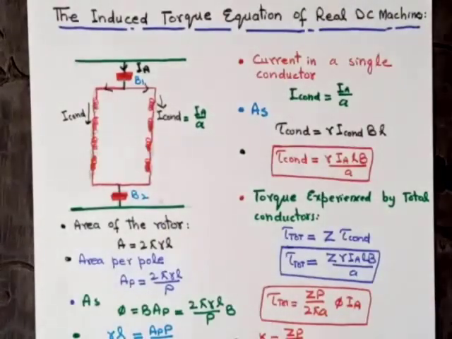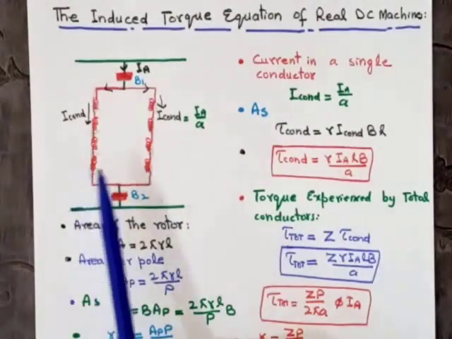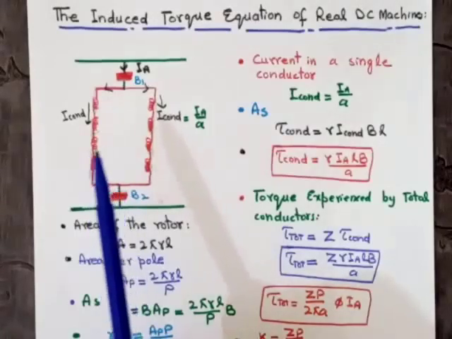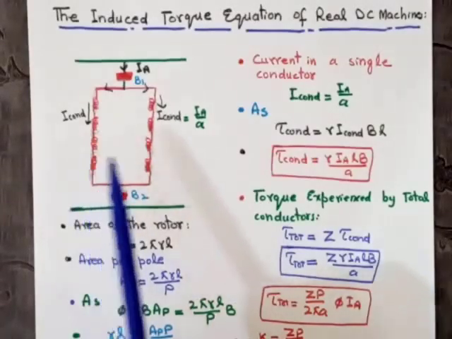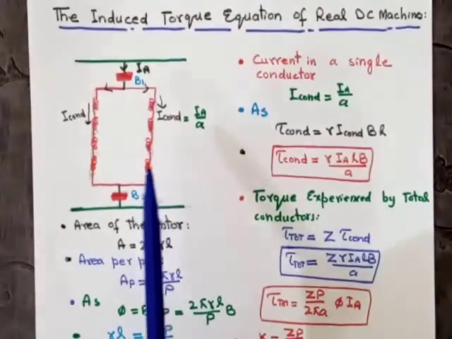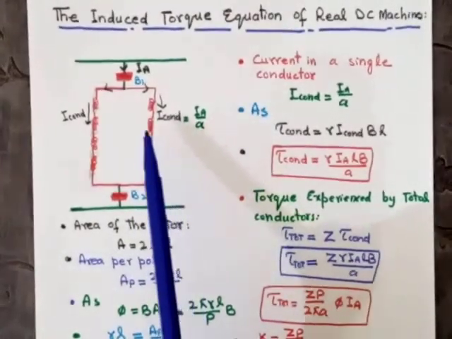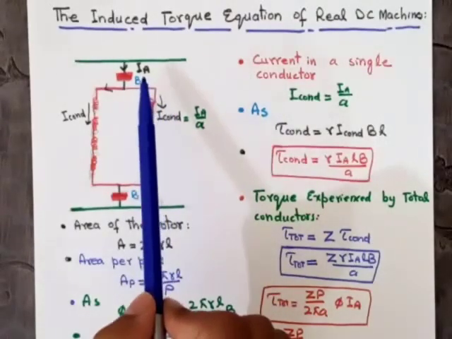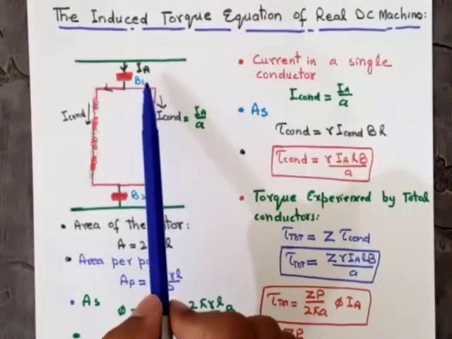For example, let there be two parallel paths and the total number of conductors be 8. In path 1, the total number of conductors will be 4, and in path 2, the total number of conductors will be 4 as well. In case of DC machines, we measure the total current, that is the current across the armature.